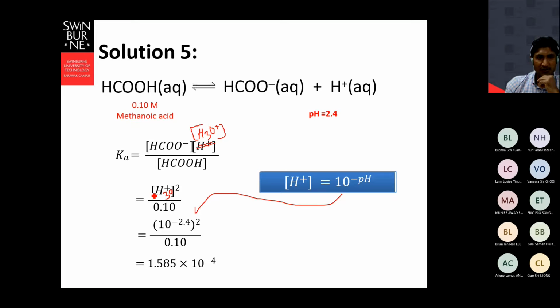We just plug in the value and we find it. We started with 0.1 molar solution. It is a weak acid. Methanoic acid is a weak acid as well, and it does not dissociate appreciably, so we can just consider as it is. So the Ka value was found from here.